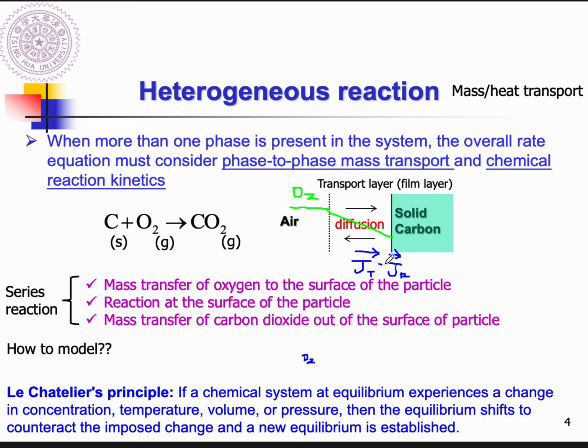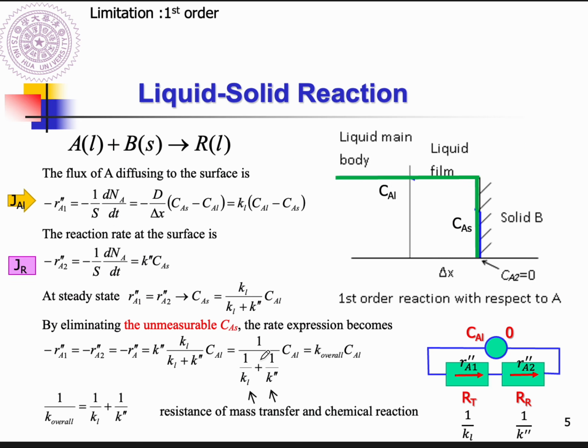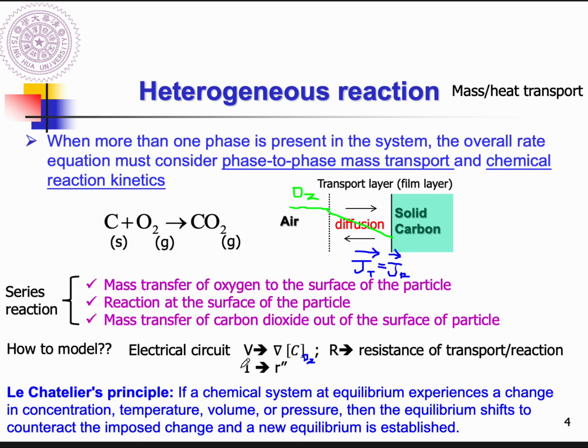So it's similar to the current, right? When current passes through different resistances inside an electrical circuit, the current is the same. Same current passing through different resistances. So here we also have the flux passing through different layers or different processes, transport and reaction.